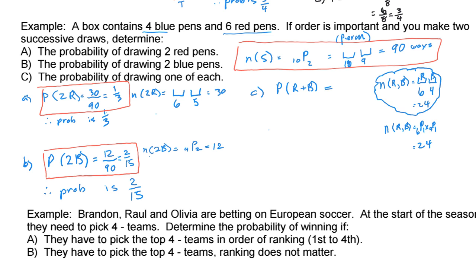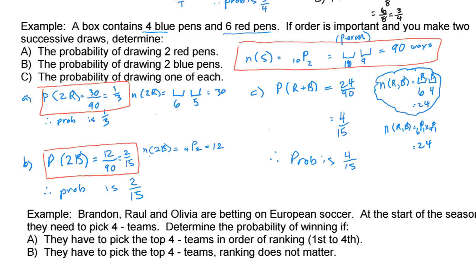So remember, the total outcomes is 90, so that's the bottom, and we end up with 24 on the top, which turns into just 4 over 15 when we reduce. Therefore, the probability is 4 over 15. And we're done.